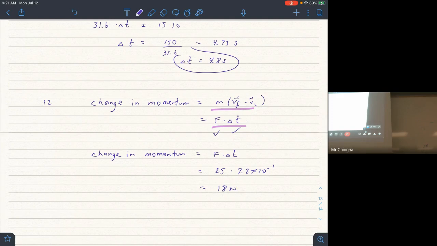The change in momentum is in the same direction as the force, so it's north.